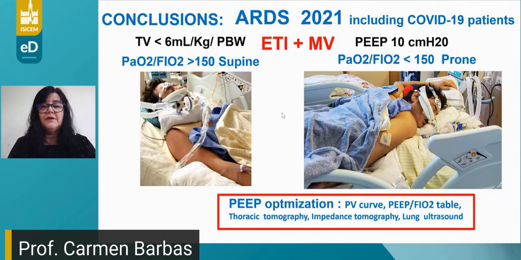In conclusion, ARDS patients include COVID-19 patients. We have to do a protective ventilation with low tidal volumes and low driving pressures. And you have to use prone position when the PO2/FiO2 is less than 150, and in some COVID patients maybe 200, below 200 PO2/FiO2 ratio.